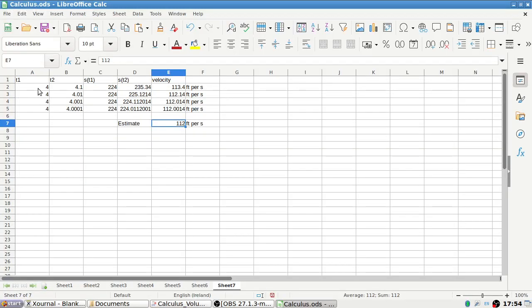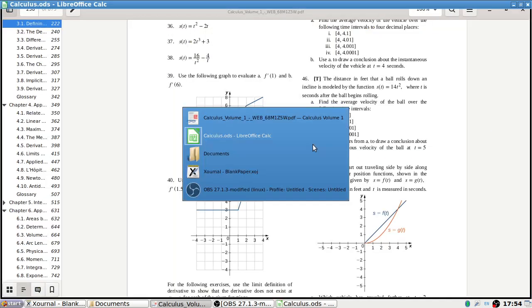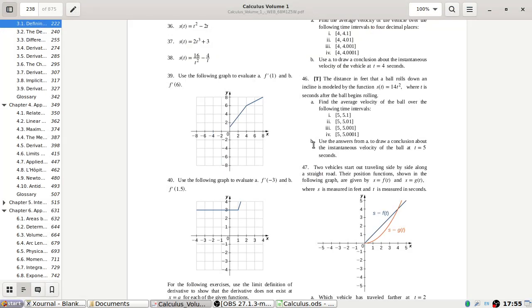Oh, no, and it's 5. Okay, so it looks like... Oh, funny. Still 112. Oh, no, what am I saying? No, I have to change this one. 140. Okay. 140. Yeah, that's right.